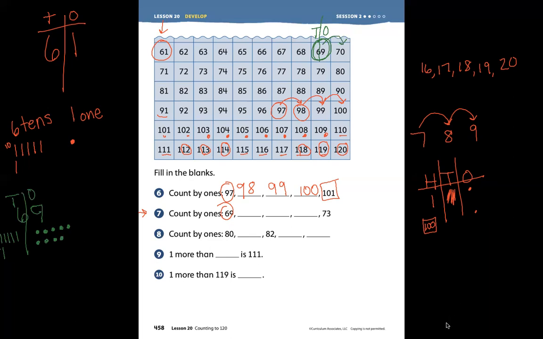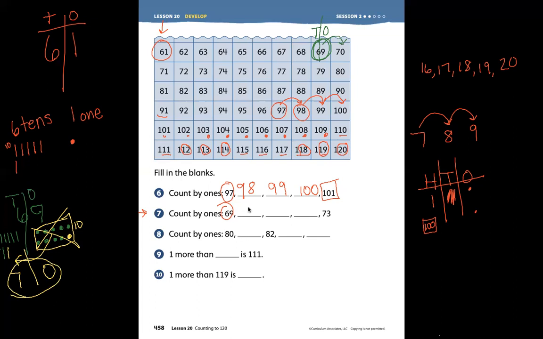So if I have 69 and I add one more one, I made a group of 10, right? So I need to move that 10 over to the tens place. Now I have 7 tens and 0 ones. So what number comes after 69? 70.